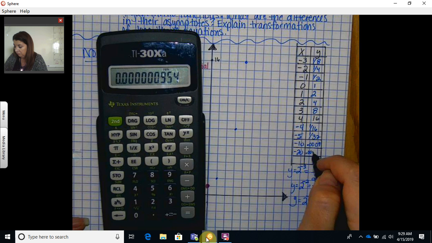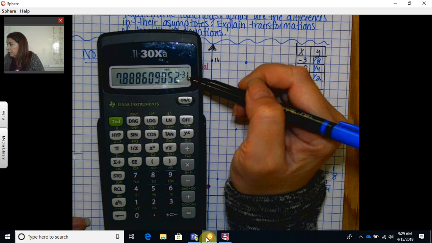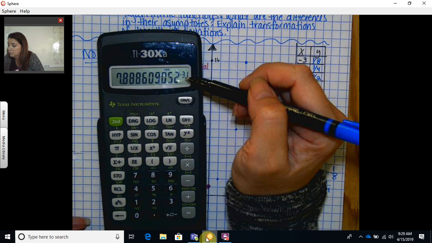Very nice. What if it was negative 100? 2 raised up to the negative 100. This is telling me to move my decimal 31 places to the left. So that's like 0.000000000 whatever 7, right?